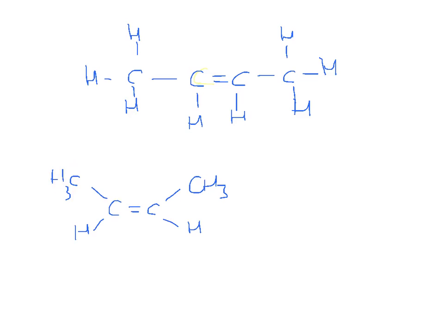So this particular isomer is going to be where you have both the hydrogens on the same side. So this molecule would be the Z butene.